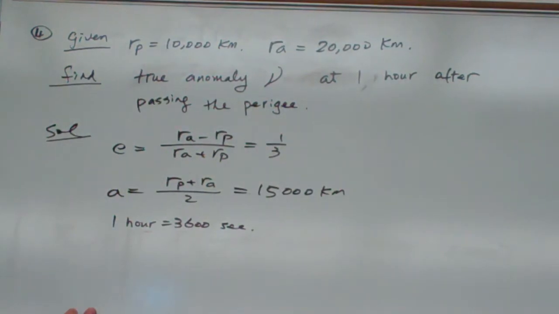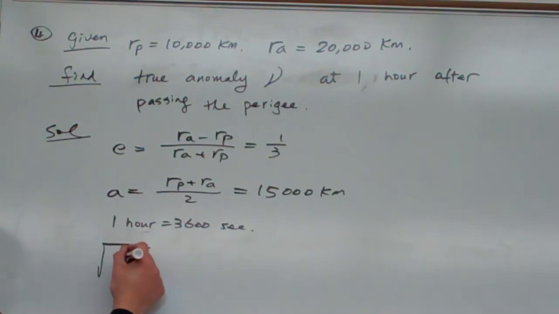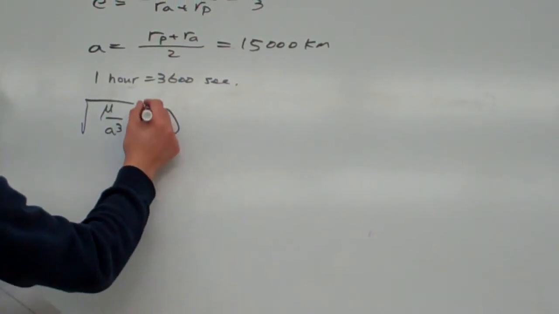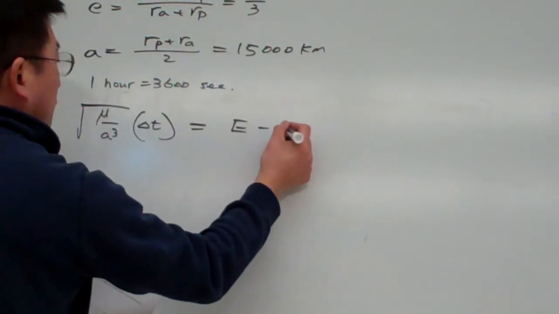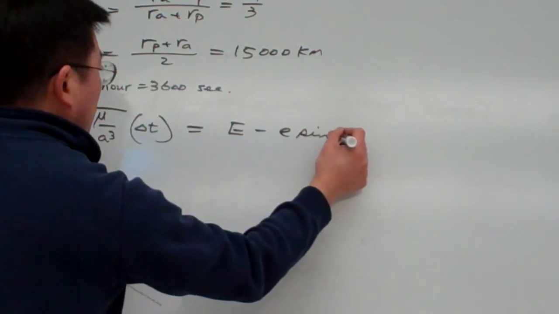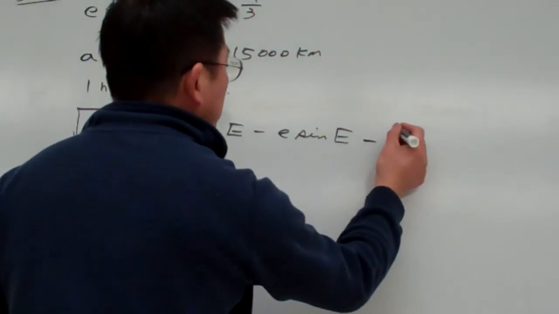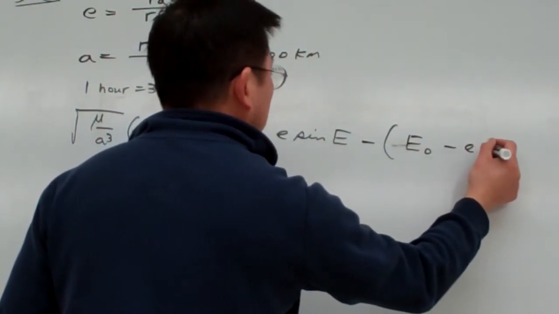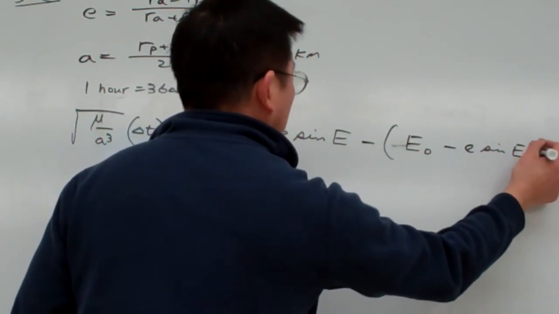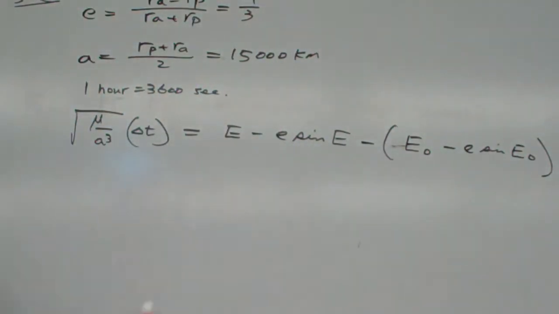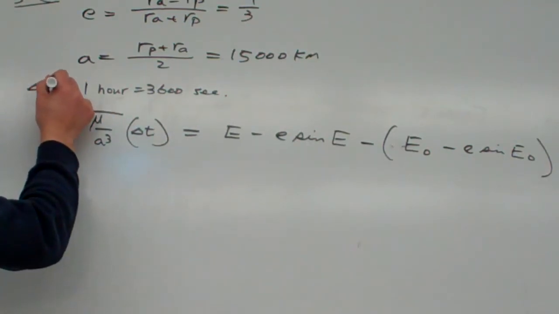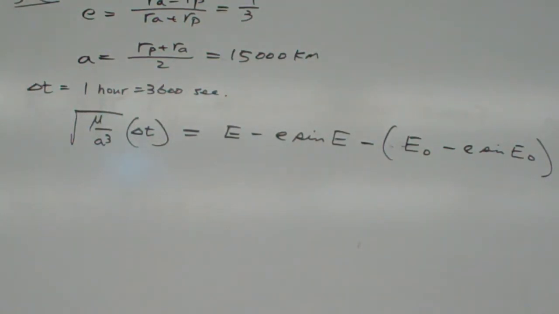Okay, so right now again, let me rewrite that equation. So by mu over A cubed and times delta T. So right now for this one, we know the delta T is given, 3600 seconds.